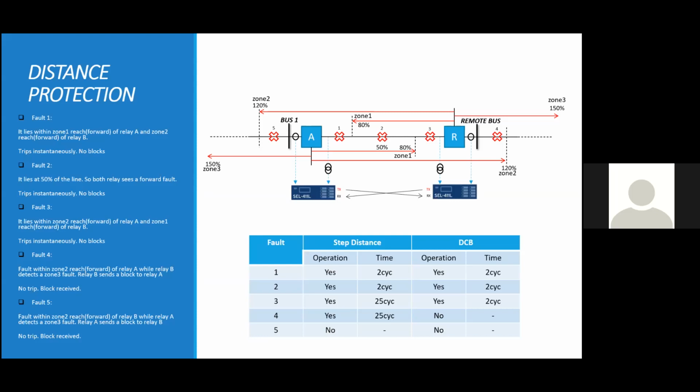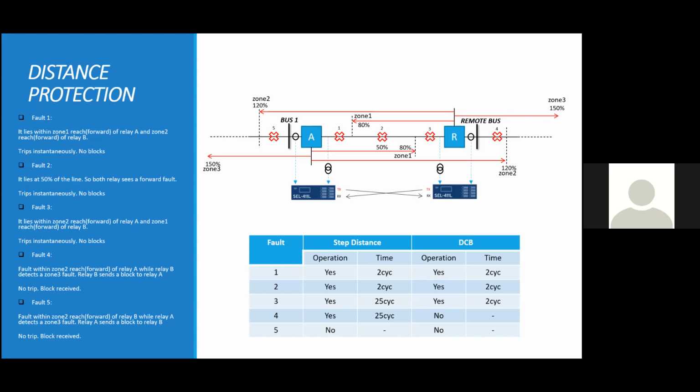Now moving on to fault 4, which is beyond the remote terminal breaker R. Fault 4 lies within zone 2 reach of relay A, while relay R detects a zone 3 fault for fault number 4.